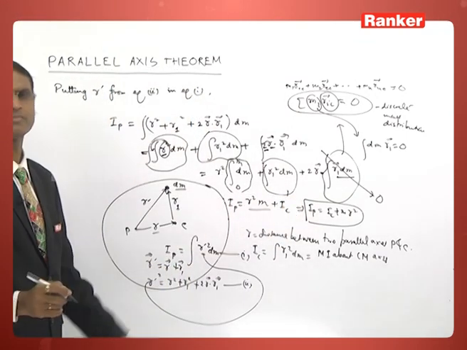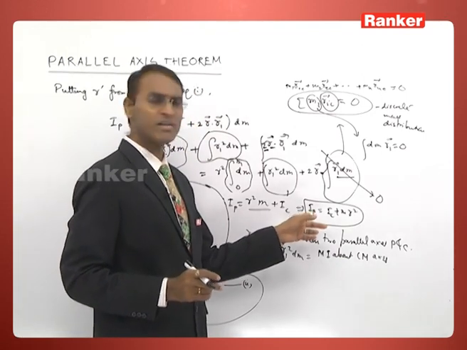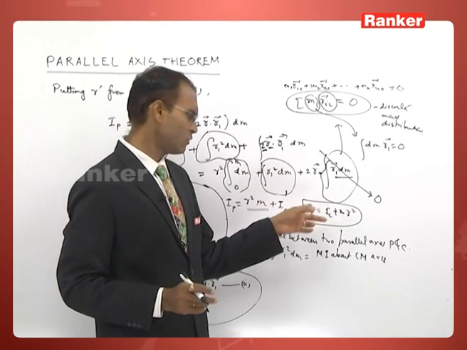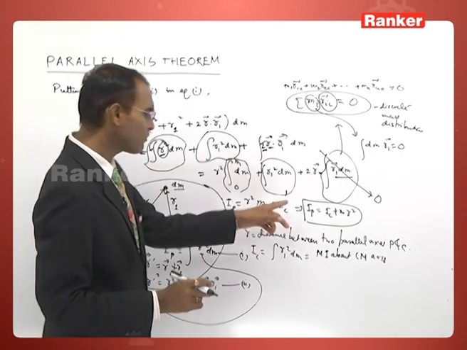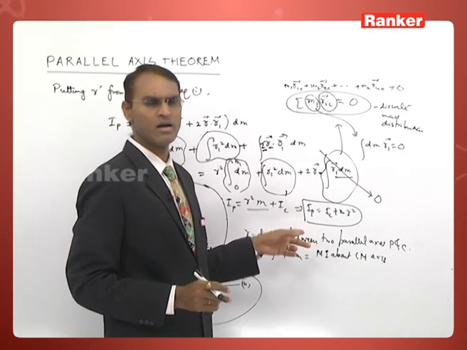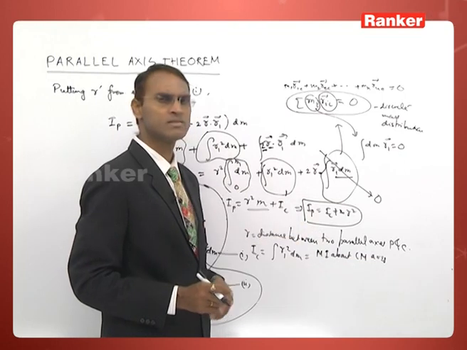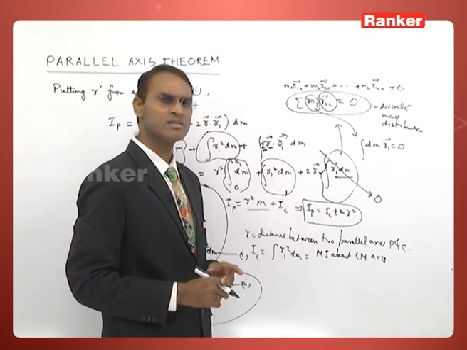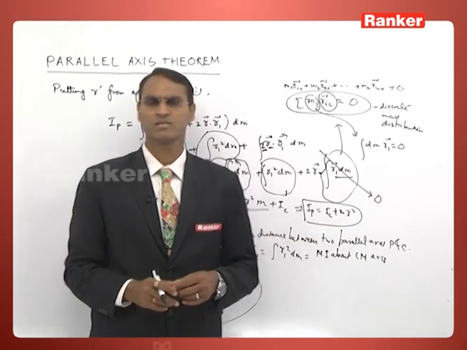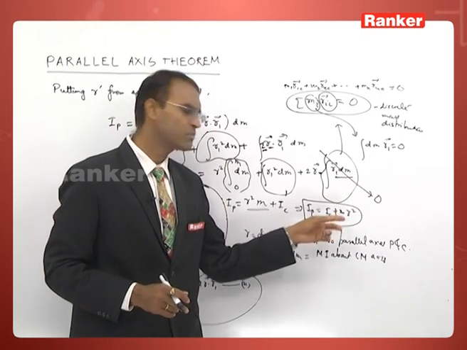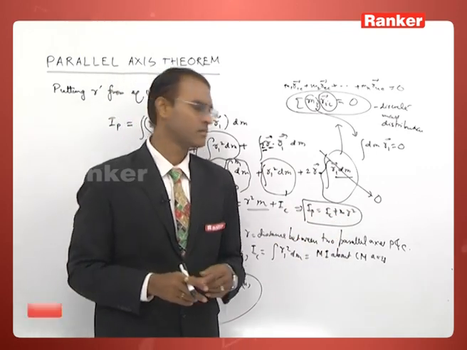This is what we call parallel axis theorem, which states that the moment of inertia about any axis passing through a point of the rigid body is equal to the moment of inertia about another axis which must be parallel to the given axis and must pass through the center of mass, plus mass of the rigid body into the square of the distance between these two axes.